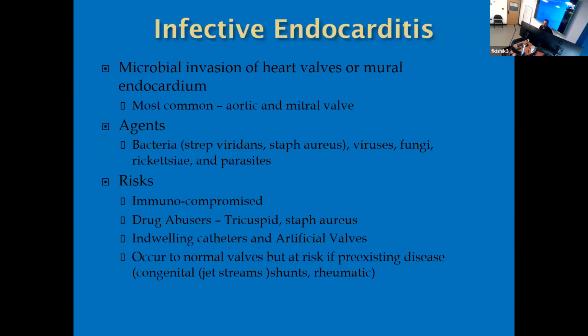Infective endocarditis we talked about in lecture 3. Briefly, it's microbial invasion of the heart valves or mural endocardium. Most common is the aortic and mitral valve, but the most common in drug abusers is the tricuspid valve. It can be bacteria. The heart should be sterile. The blood should be sterile.